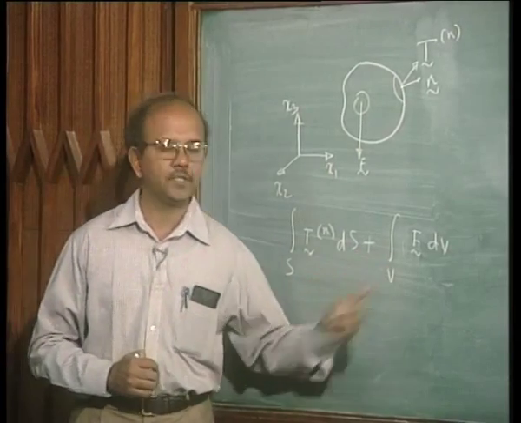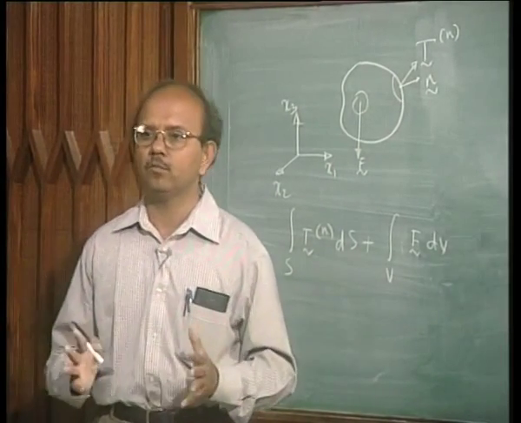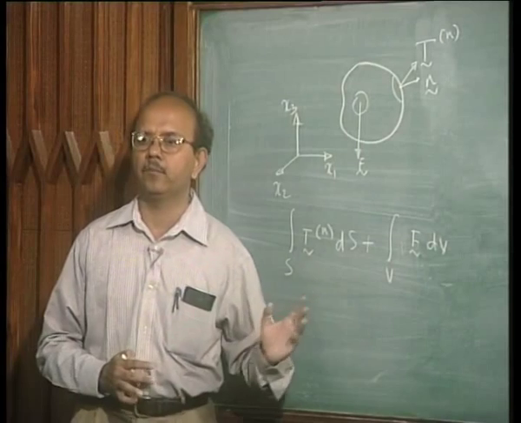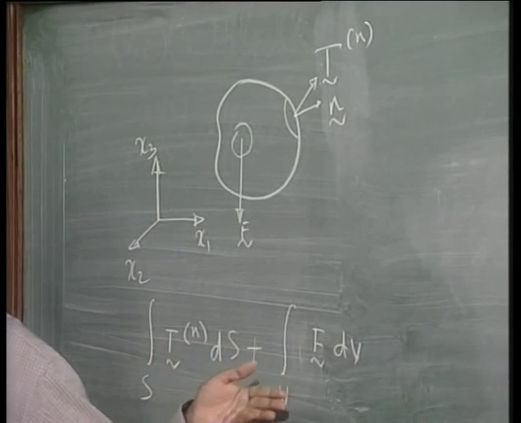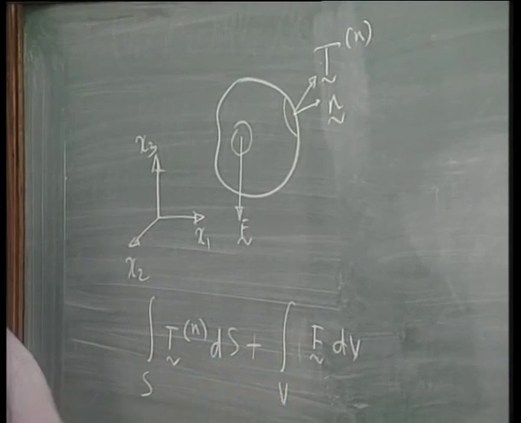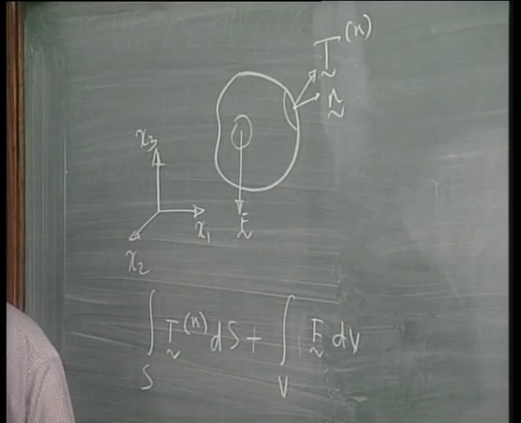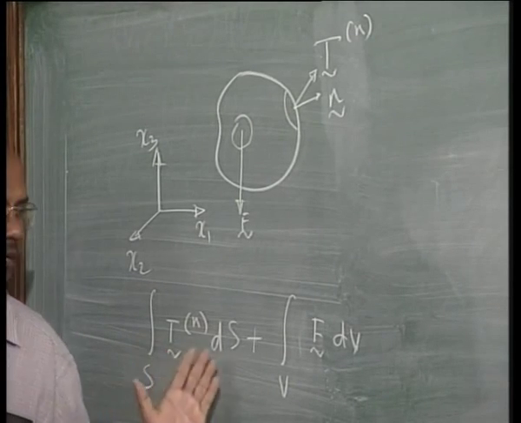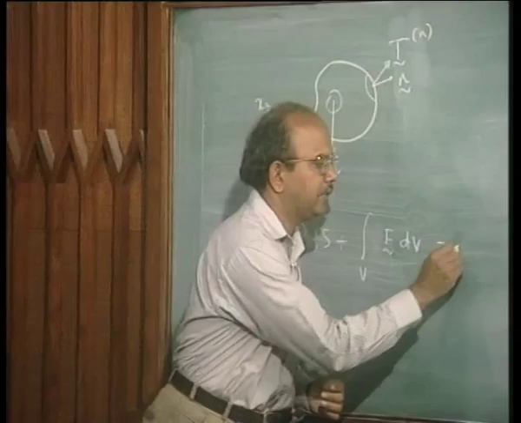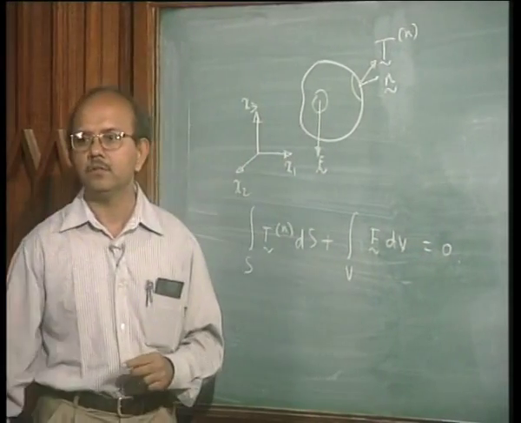Body force is defined as F per unit volume of the body. If it is defined per unit mass, then you have to correspondingly bring into account the density of the body, so rho F has to be brought. So this is the equation, and that is going to be equal to 0.